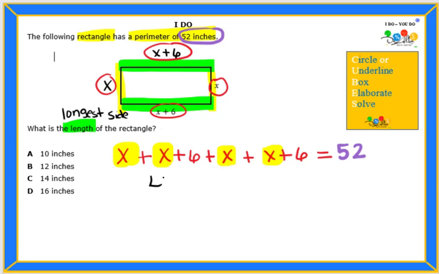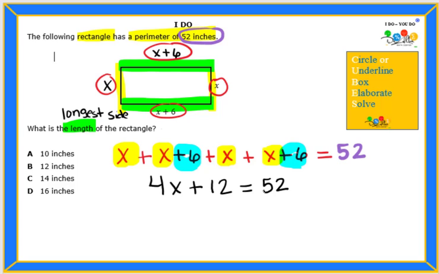So that would be 4x. Plus, I have 6 and another 6. So 6 plus 6 is 12. And that should equal 52, the perimeter. So 4x plus 12 equals 52.